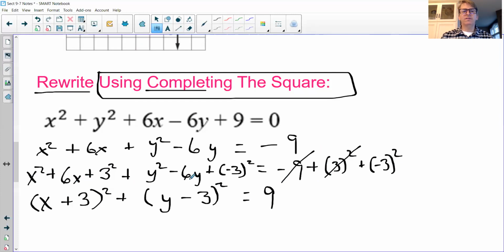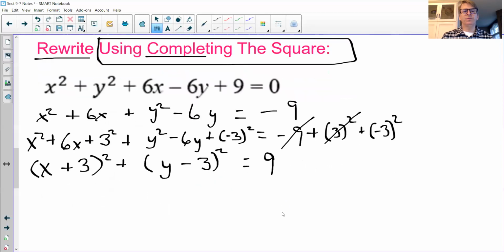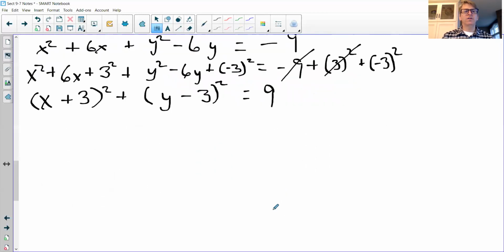So by completing the square, we end up with something where we can identify the center and the radius of the circle. Okay, so that's what we're looking for. We're looking for our h and our k. The center, h, k, in this case would be negative 3 and 3, and the radius is a positive 3.